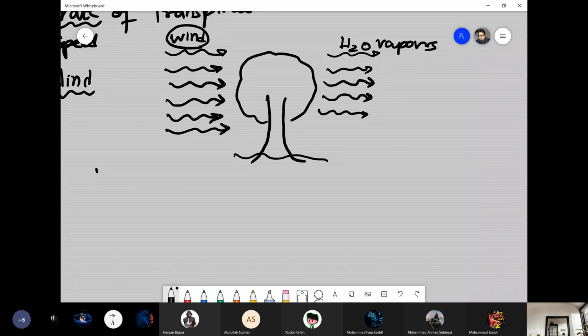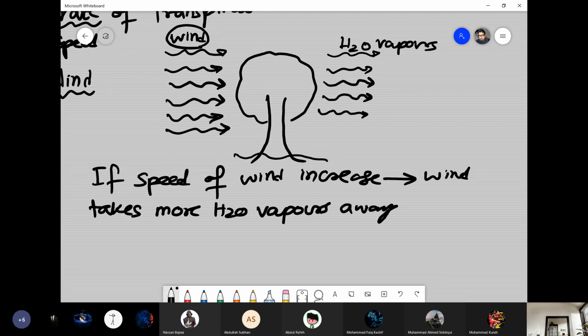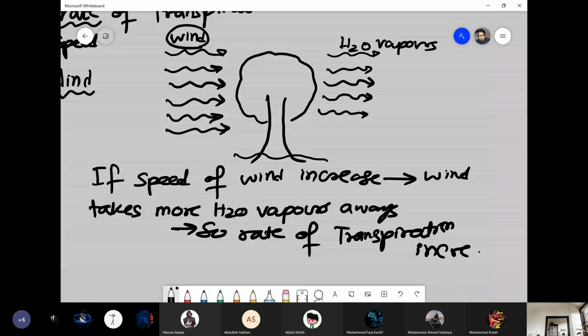So let me write over here that if speed of wind increases, the wind takes more water vapors away. So the rate of transpiration will increase.